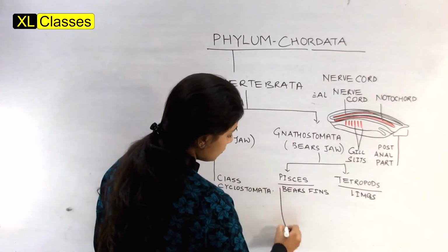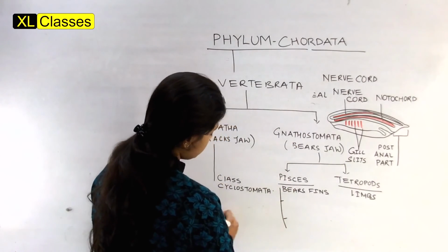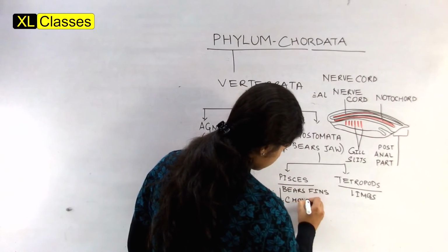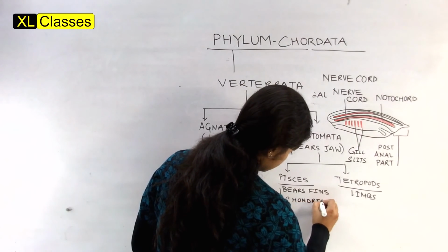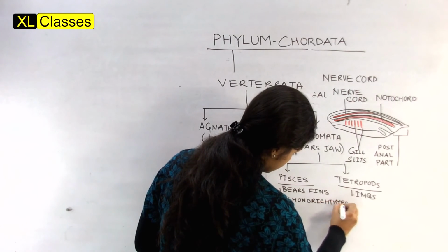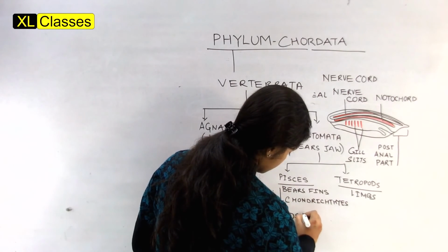In the Pisces, the two classes are Chondrichthyes and Osteichthyes.